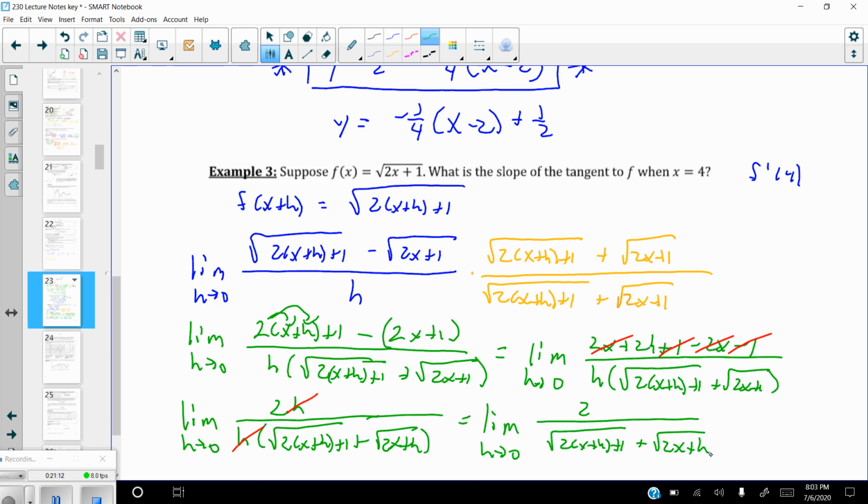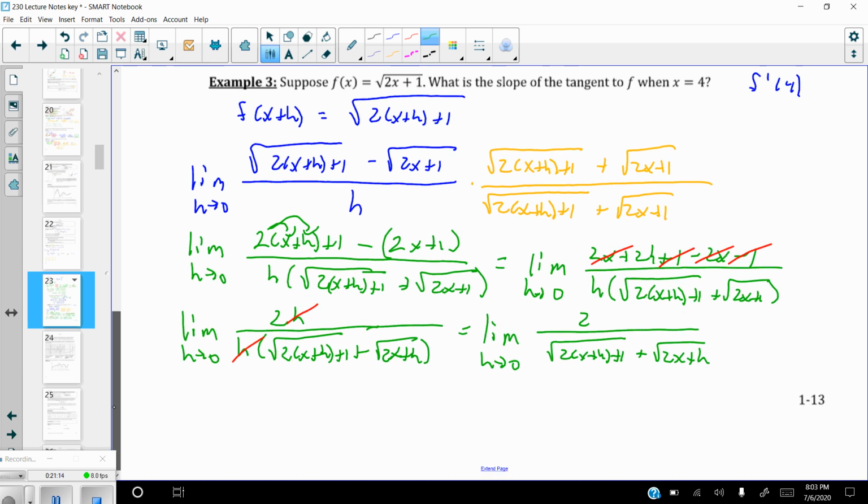Now, if I plug in 0 for h, let's see, now we can actually evaluate the limit. If I plug 0 in for h, we're still going to get 2 on top. Plugging a 0 in for h on the bottom is going to give me a square root of 2x plus 1, and it's going to give me a square root of 2x.